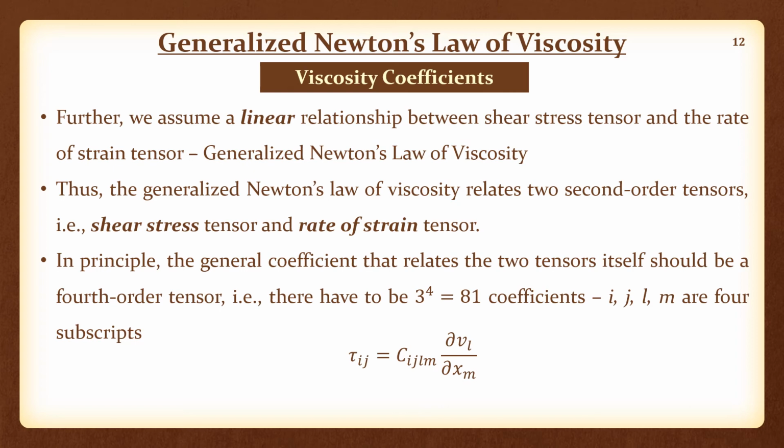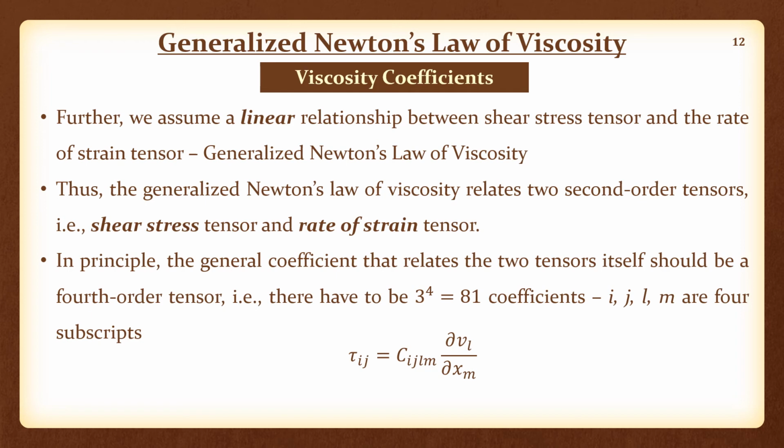What we are talking about is you have a 3 by 1 vector, and that 3 by 1 vector could be obtained by multiplying a 3 by 3 matrix with a 3 by 1 vector, right? So you would get a 3 by 1 vector. So you can have in principle 9 coefficients in place of a single coefficient. Similarly, if I go one level more, I could have 3 to the power 4, or 81 coefficients.